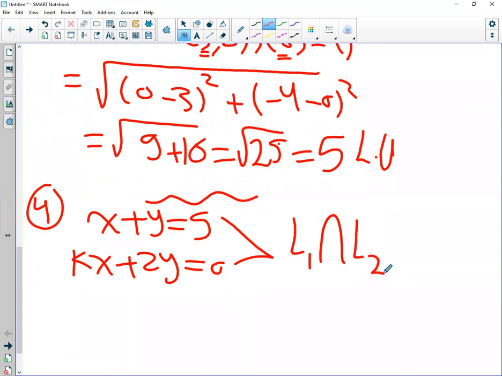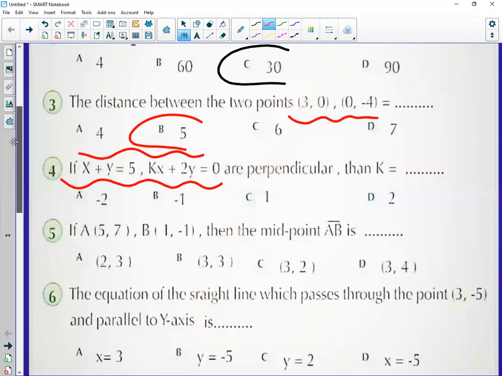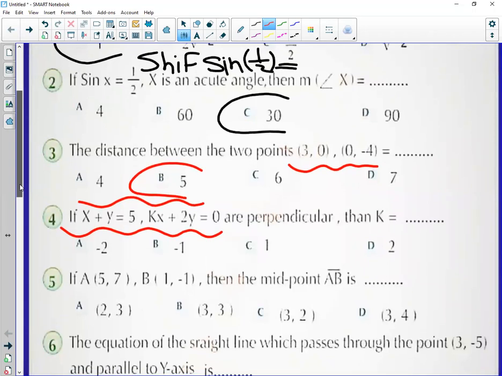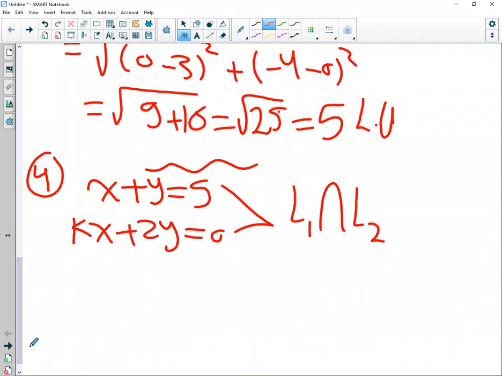Okay, Tahir, then the result of k equal what? To get the value of k, we must get slope number 1 and slope number 2.